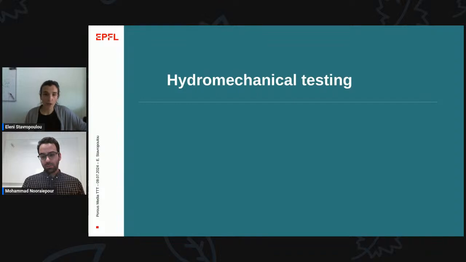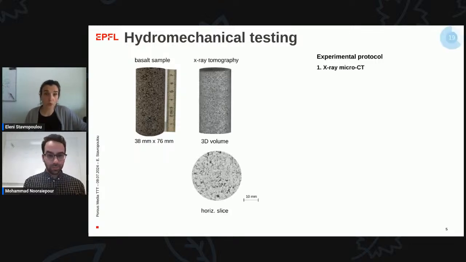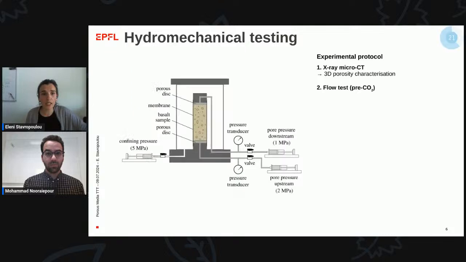knowing all that, we go now to the lab and actually try to test this material, inject CO2, and see how it reacts with the dissolved CO2. What we did is that, for instance, we took our sample. As I said, we pass it through the X-ray tomograph to have the initial pore structure. This we did for all pores, and so we have the real 3D porosity of the material.